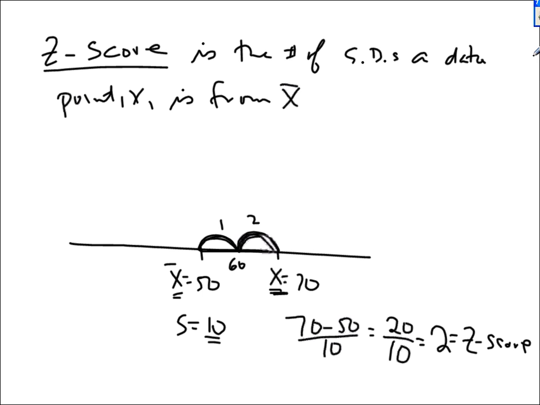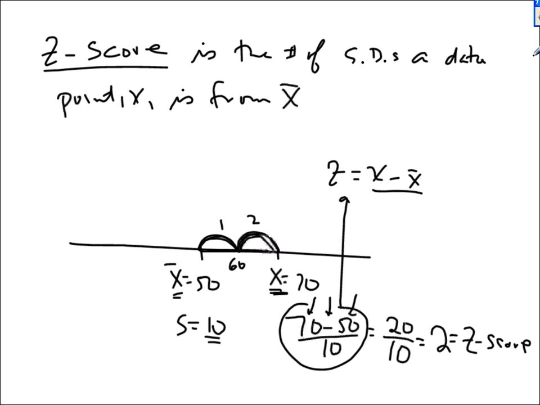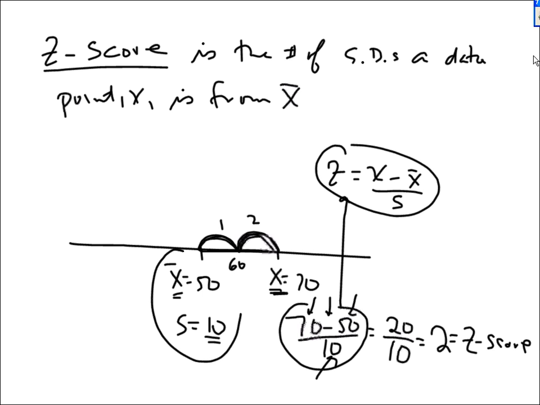That is, using this rule right here, z is equal to x, the 70 was x, minus the 50, which was x bar, divided by 10, which is sigma. That's the formula for finding the z-score. So using this piece of information and a score of 78, what would the z-score be?